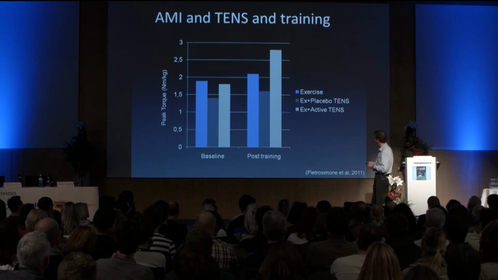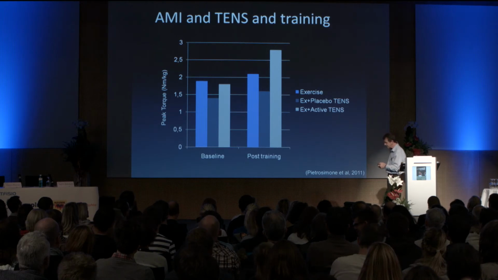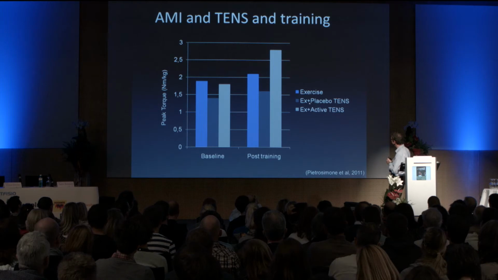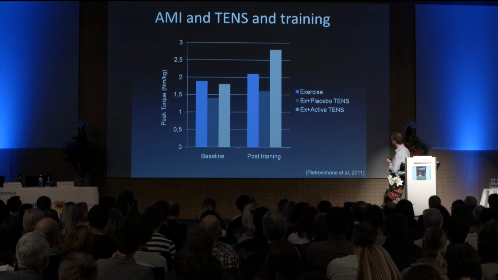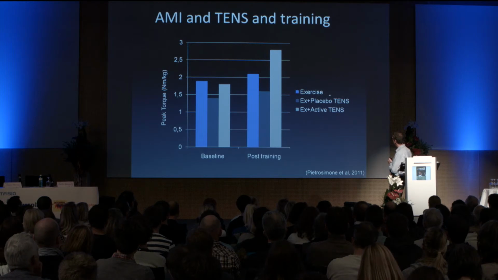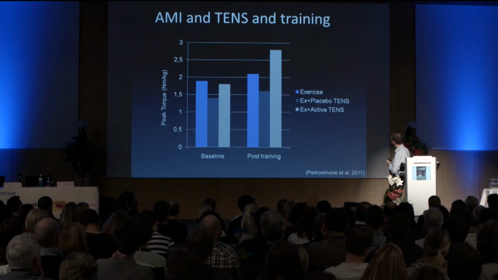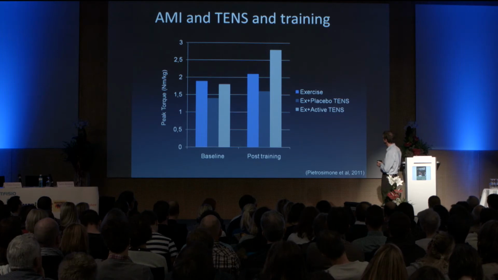But they added in TENS, and in their experiment, they had placebo TENS. So the TENS machine, the lights were flashing, etc., but it wasn't delivering a real active component to it, and the individuals were exercising at the same time at which the TENS machine was on.